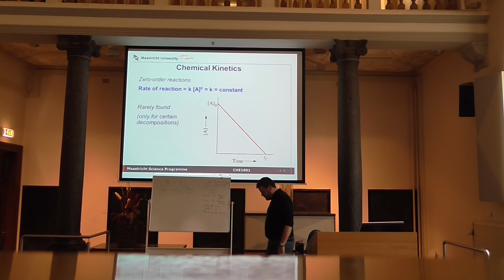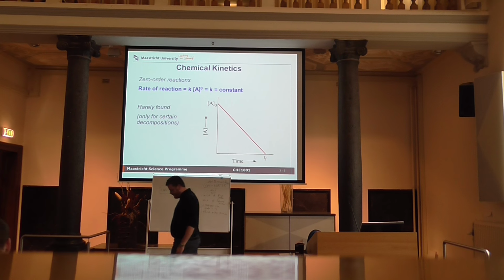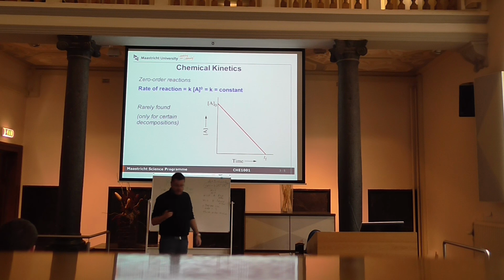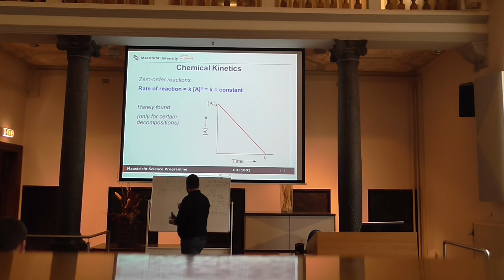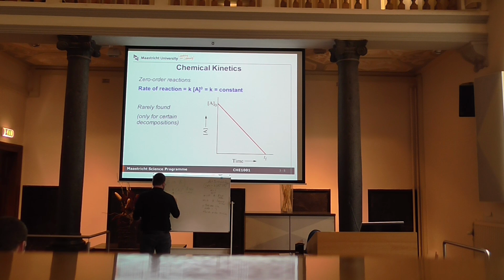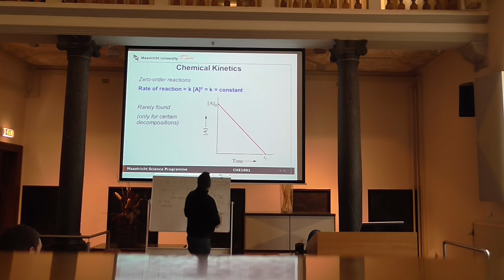What will the rate law reduce to then? Just K, the rate constant. Remember, K is the rate constant. It's a constant with units. So if N is 0, then the rate law becomes rate equals K. Right, that's what we see over there.